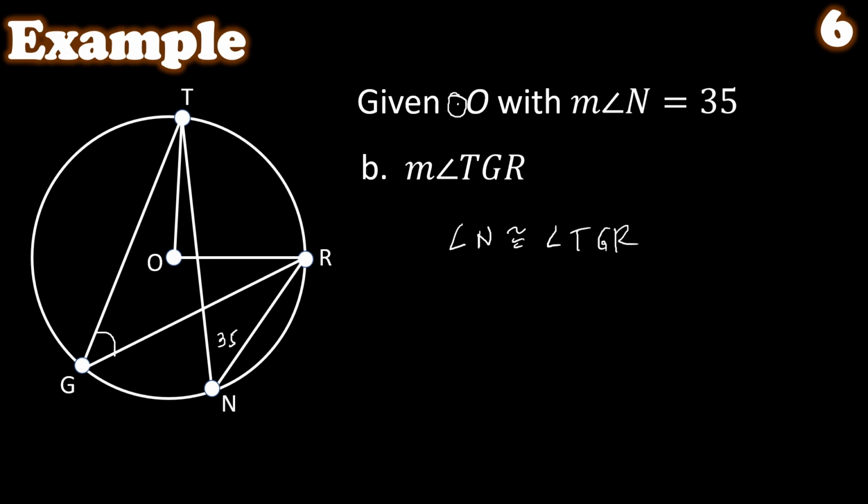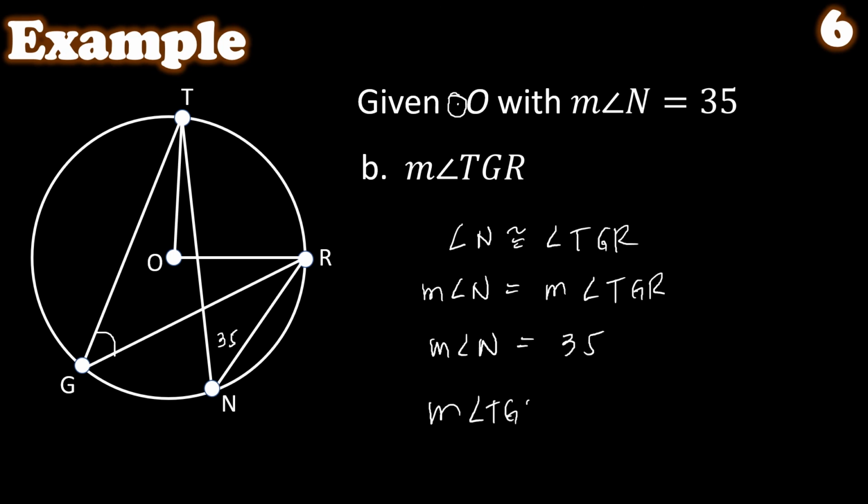Hence, by definition of congruent angles, the measure of angle N is equal to the measure of angle TGR, and since the measure of angle N is equal to 35, the measure of angle TGR is also 35.